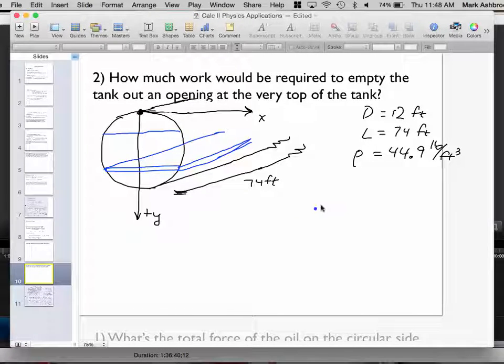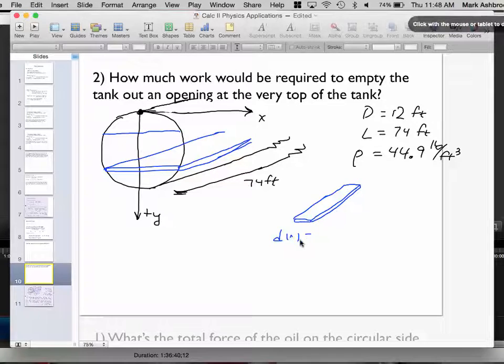So it's going to look like that. That's going to be a typical layer, and so we need to find dW.